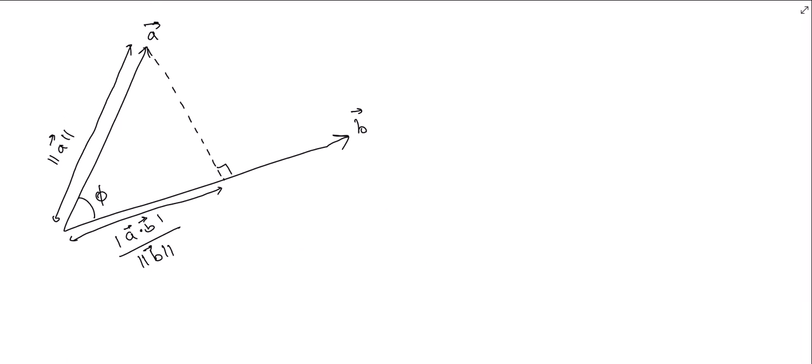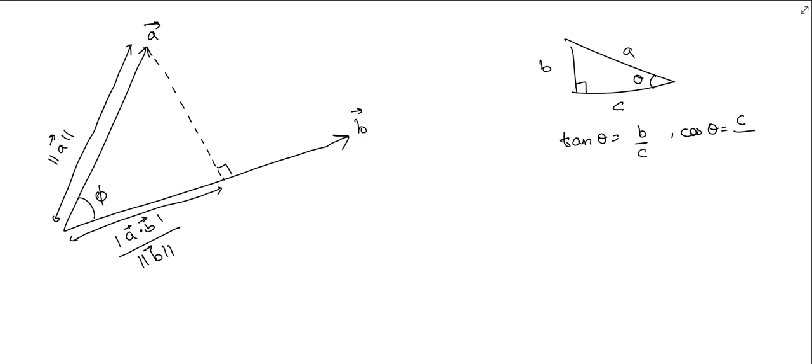So if you remember a little bit of trigonometry, let's say given a triangle, let's say this is our triangle, it has a 90 degree angle and this is theta, and the sides are A, B, and C. So for this, our tan theta will be B by C, correct? And our cos theta will be adjacent by hypotenuse, right?